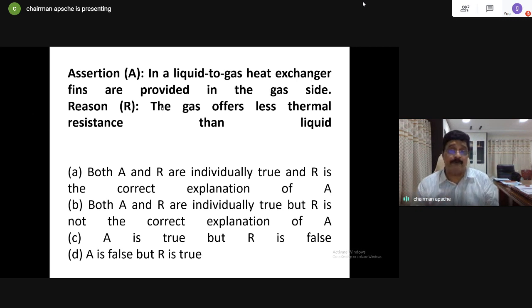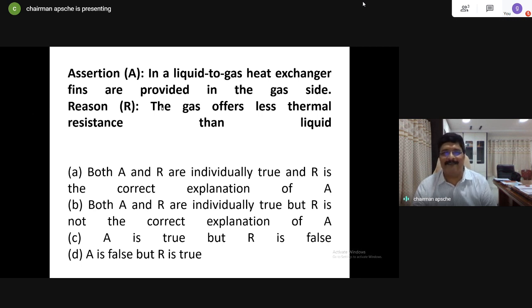Now, is it advisable to place fins on the liquid side, within the pipe, or outside? Normally we place the fins on the gas side, because the gas can easily flow between the fins. So that is correct. The gas offers less thermal resistance than the liquid.